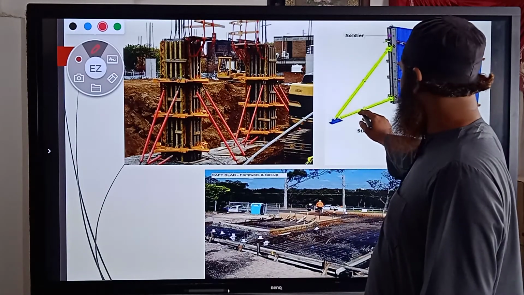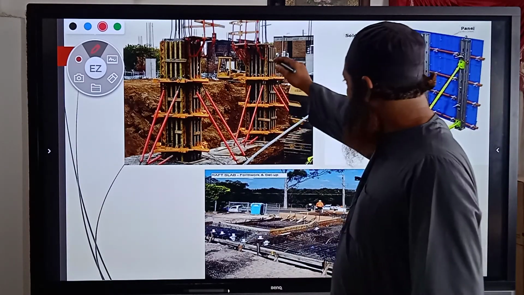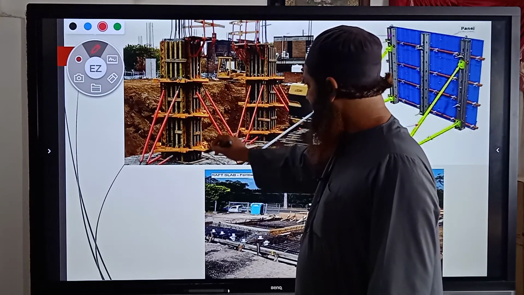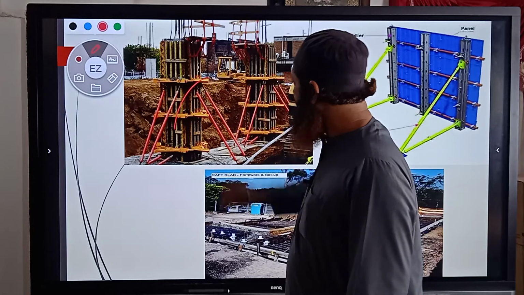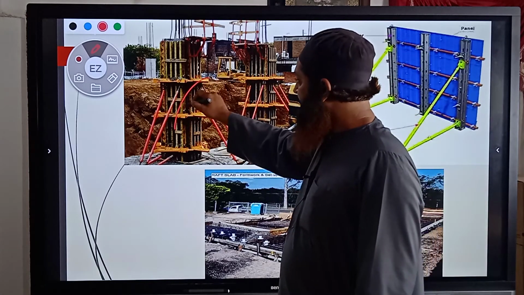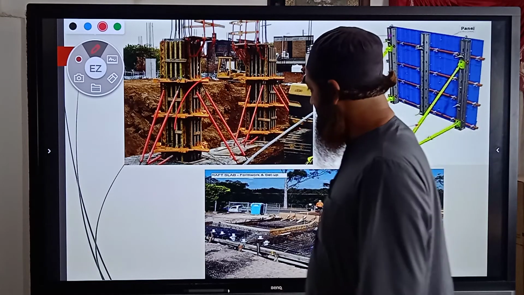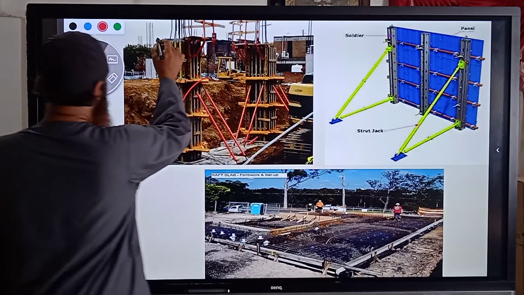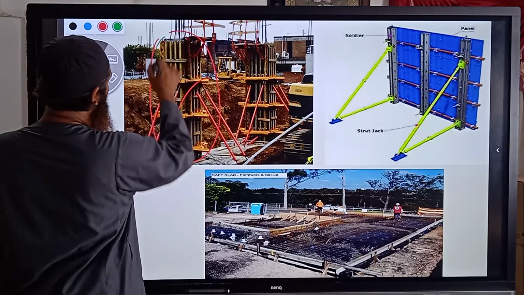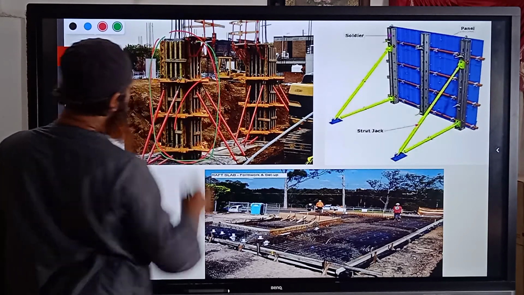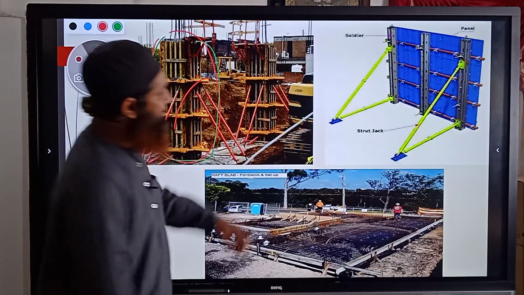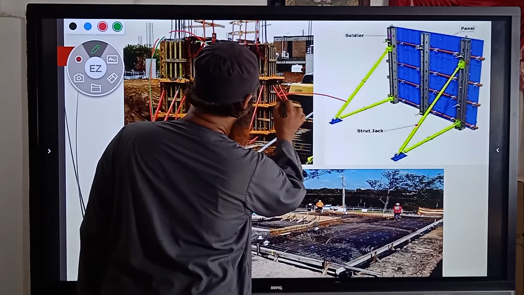This same strut jack has been placed here, and for this formwork, first the excavation was done, the mud was removed till this part, and after that the formwork has been erected here for the columns. This is the column, and your formwork is being placed here.